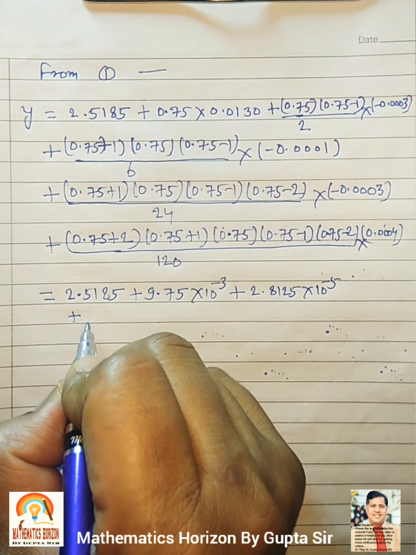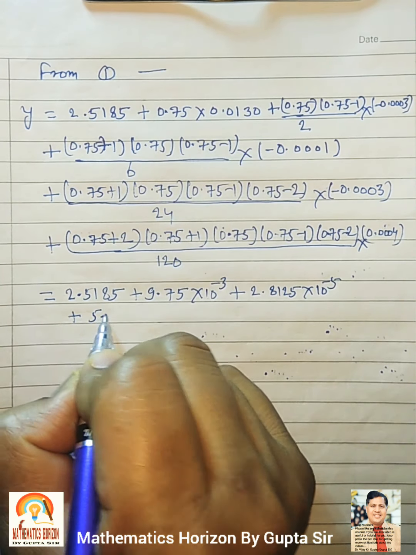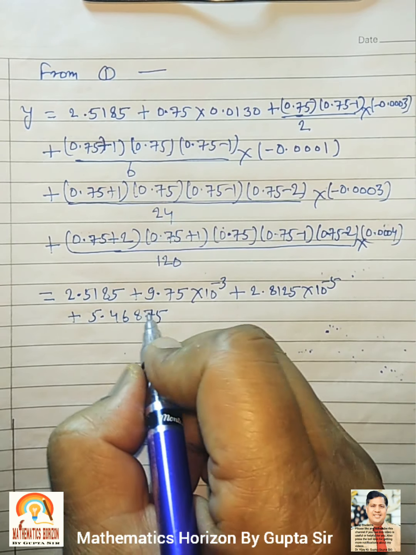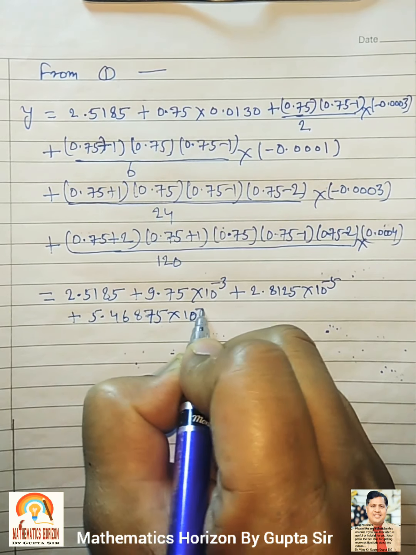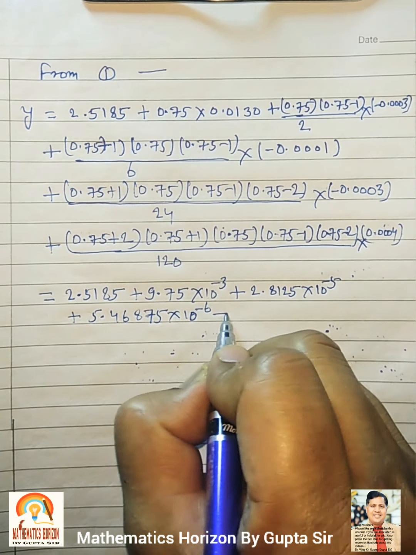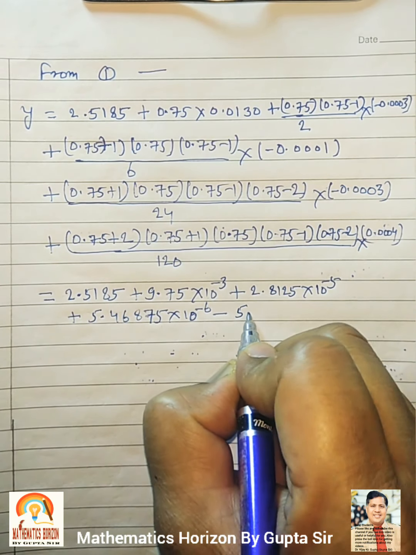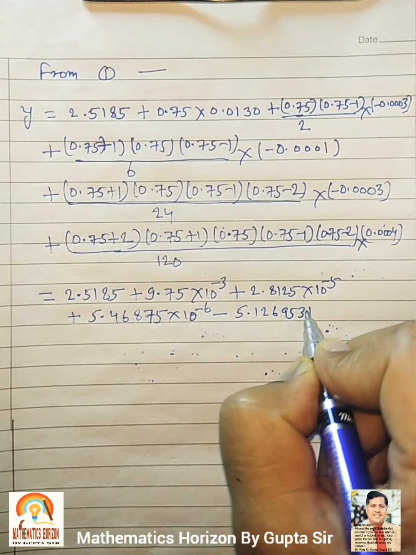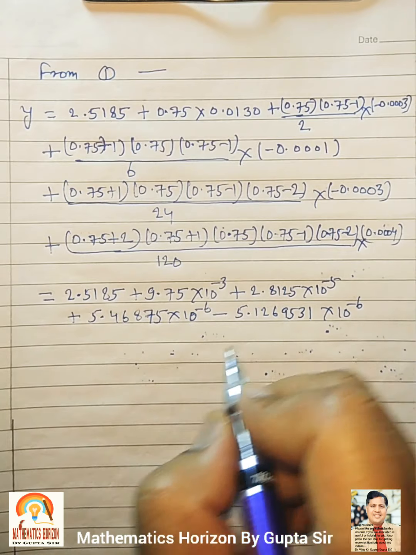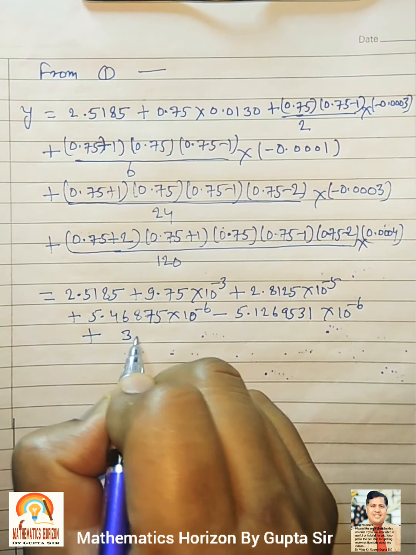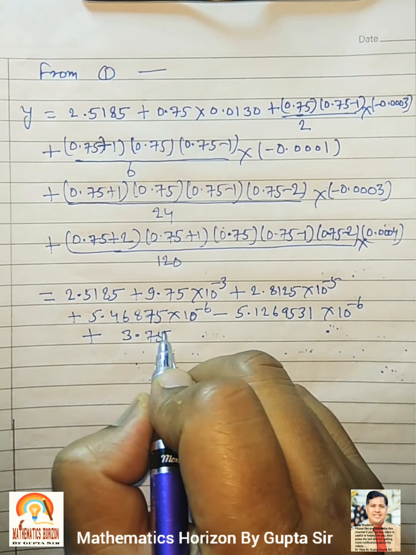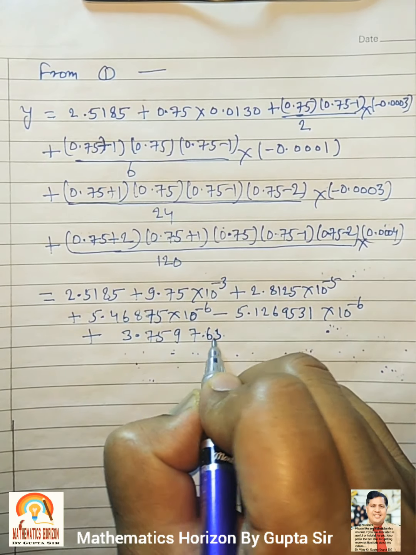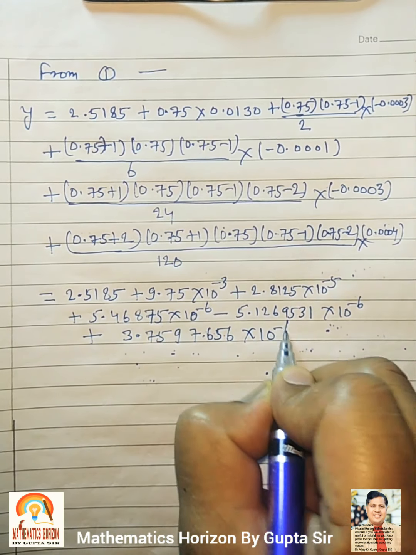Next term will be 5.46, we have to solve this term by using a calculator, into 10 to the power minus 6, minus 5.1269531 into 10 to the power minus 6, plus 3.7597656 into 10 to the power minus 6.